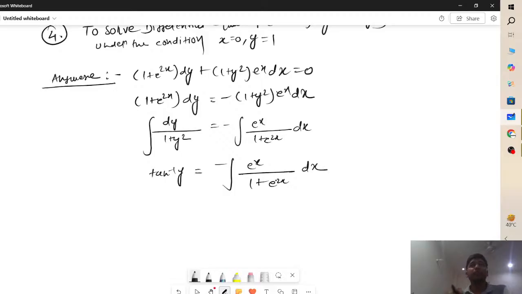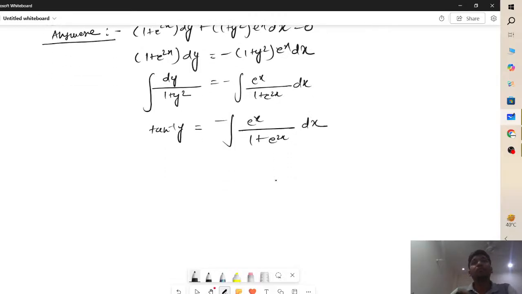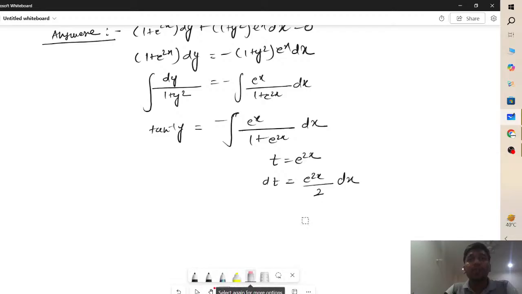Now what we do, we proceed with this question through substitution. So we substitute t equals e raised to the power 2x. Now differentiating both sides with respect to x, what we get? dt equals e^2x by 2 into dx. Sorry, there is one mistake, I'll let you know.